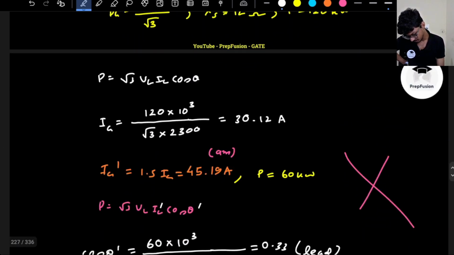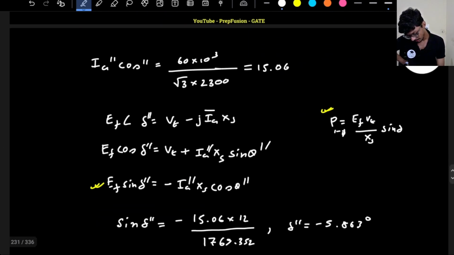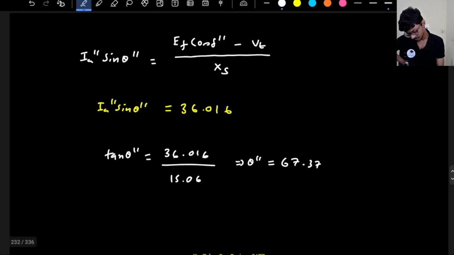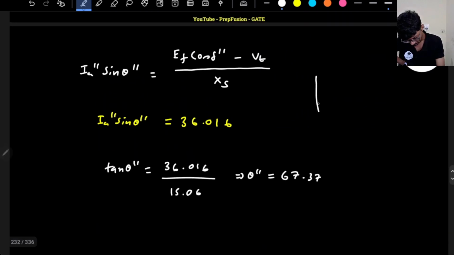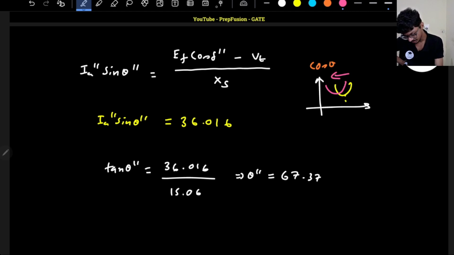And one more thing, you have reduced the power, so it will be leading only. Remember, if you have reduced the power, where will the power factor graph shift? This cos theta power factor graph initially was here, now it has shifted to here. Previously with the same excitation, if it was nominal excitation, now it has become leading.